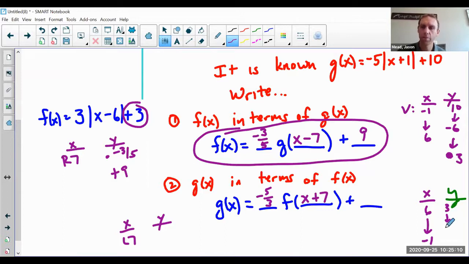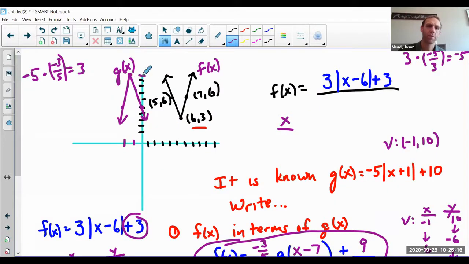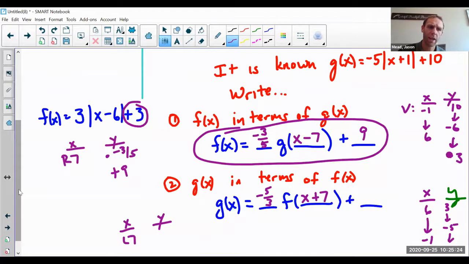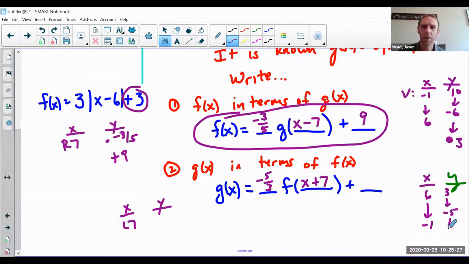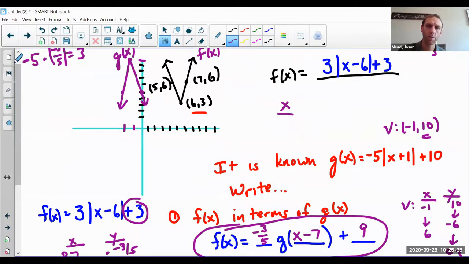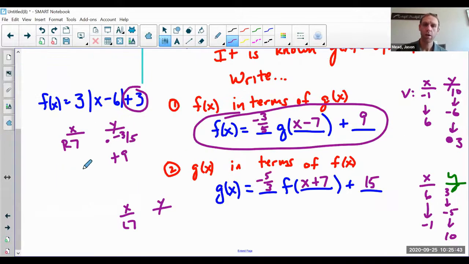When I multiply by negative 5/3, it becomes negative 5. And then it has to end at 10. So how do I get it to end at 10? Negative 5 plus something will get me to 10, plus 15. So when I multiply, it's negative 5. Then I have to move it up by 15 in order to get it to where it belongs.